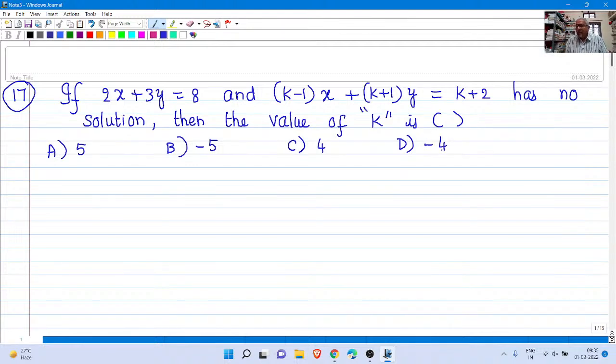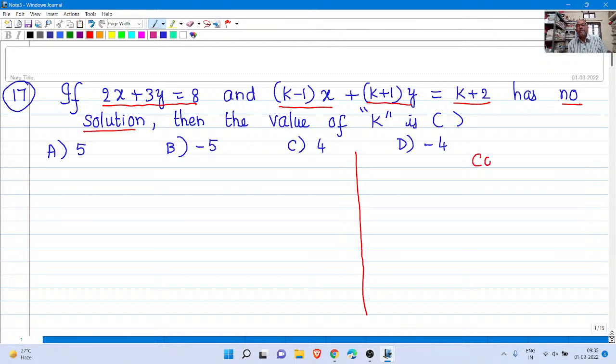So my dear students, 2x plus 3y is equal to 8, k minus 1 times x plus k plus 1 times y is equal to k plus 2 has no solution, or they represent parallel lines geometrically, then the value of k. So my dear students, I will give the concept.